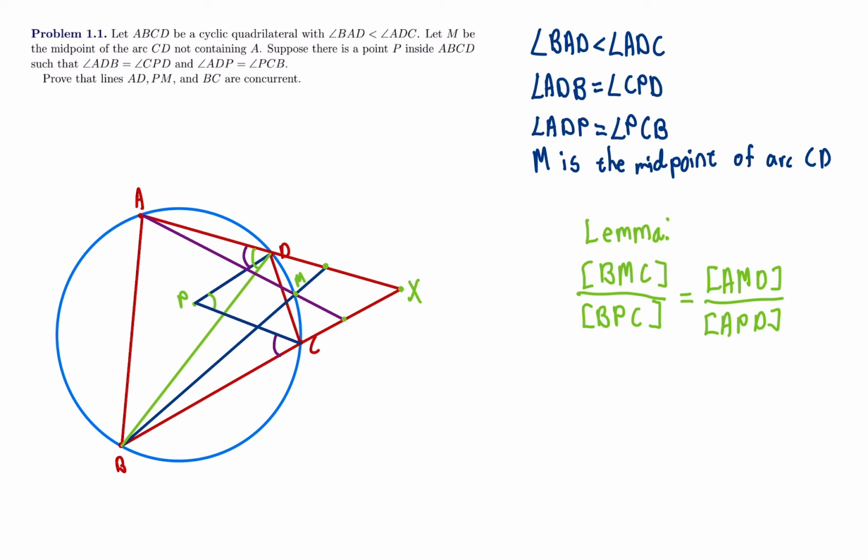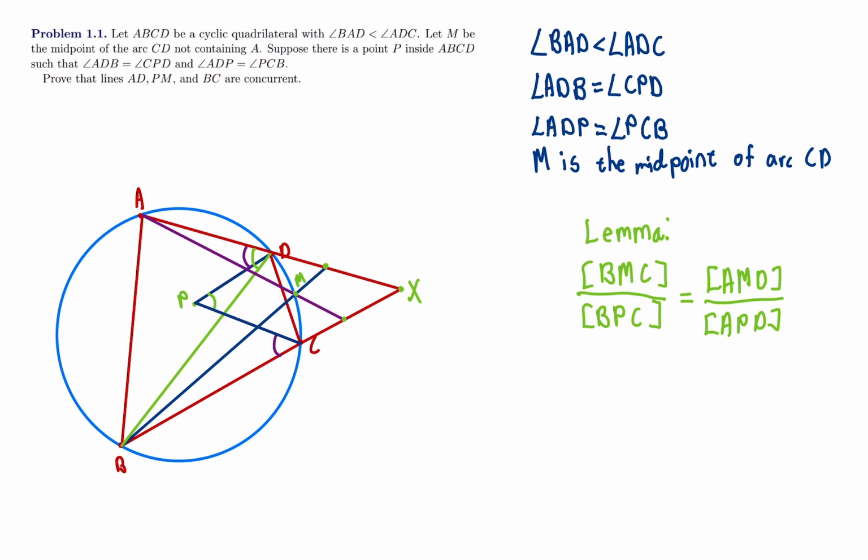The area of triangle BMC over the area of triangle BPC is equal to the area of triangle AMD over the area of triangle APD. So let's use 1/2 ab sine C on these, because we know a lot of angles.